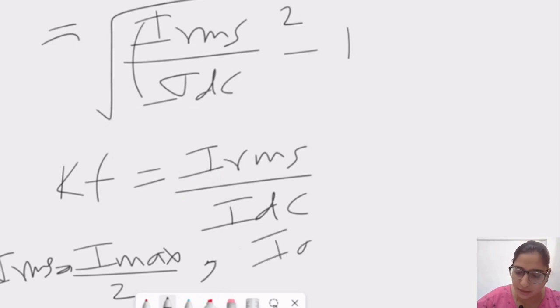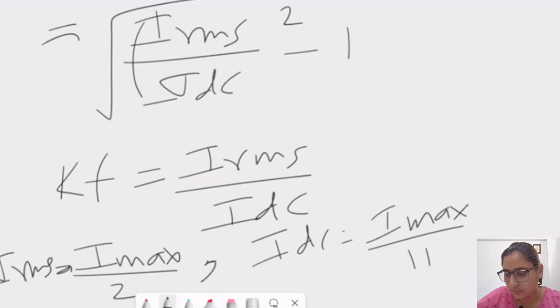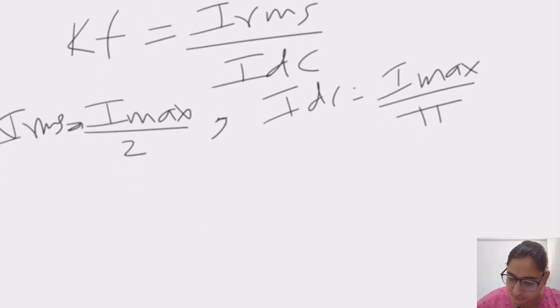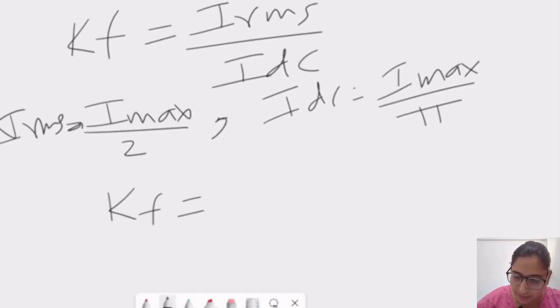IDC is nothing but Imax by pi. If we put these two values in the equation, what will we get? Kf is IRMS, and IRMS is Imax by 2.